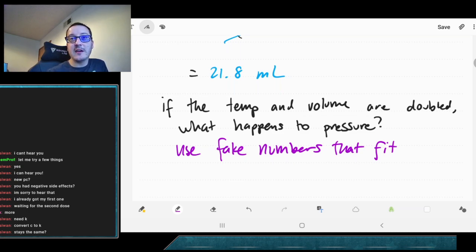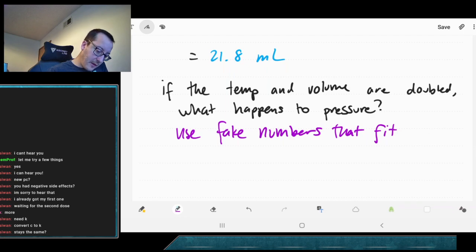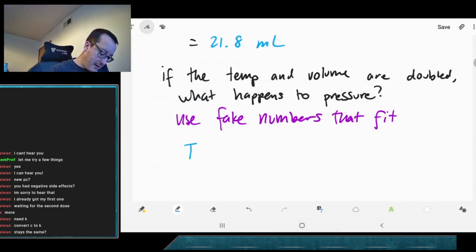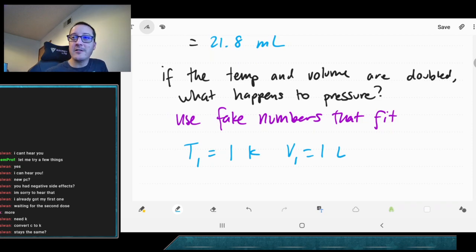So with this sort of thing, just choose a bunch of conditions as long as they fit what's asked of you. So it's saying that the volume and temperature are doubled. So we can say, the temperature is 1 Kelvin and the volume is 1 liter. And let's say the pressure is 1 atmosphere.